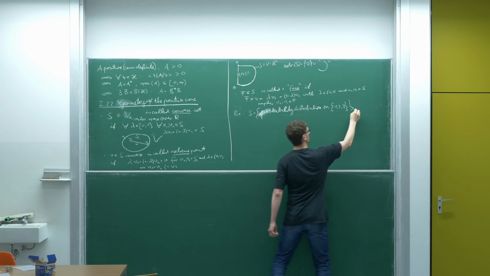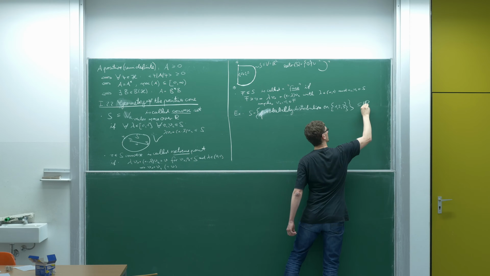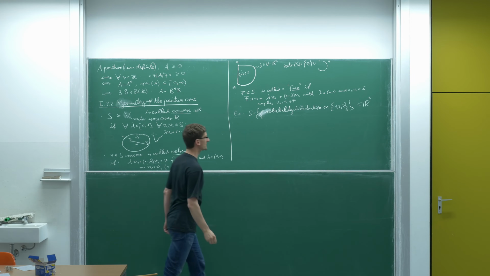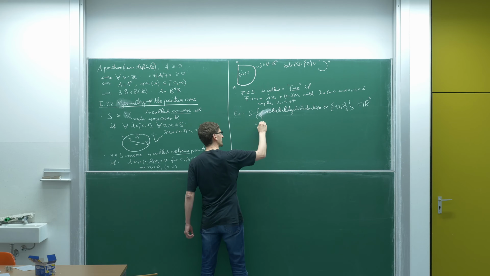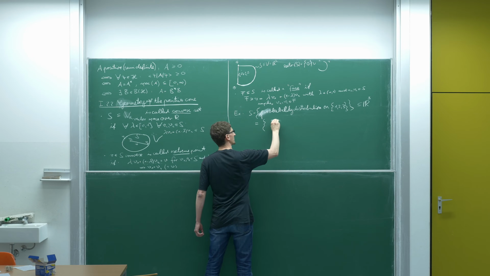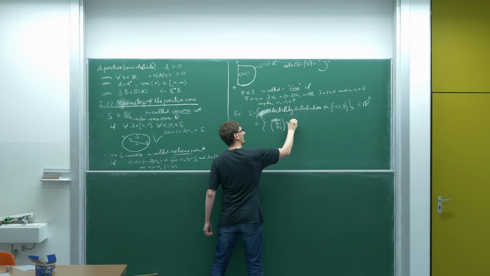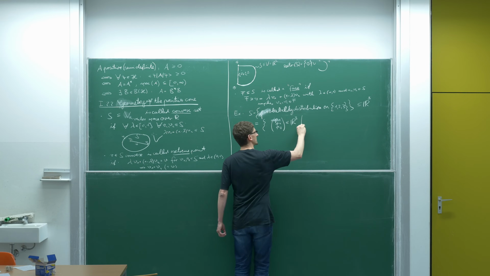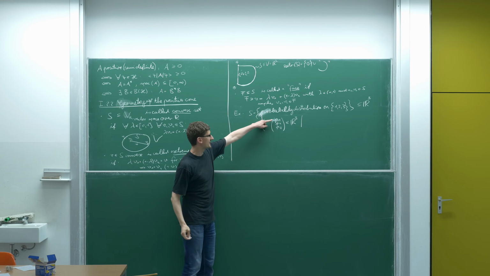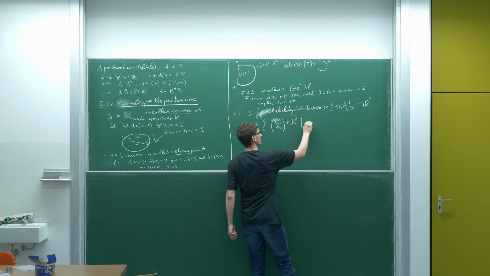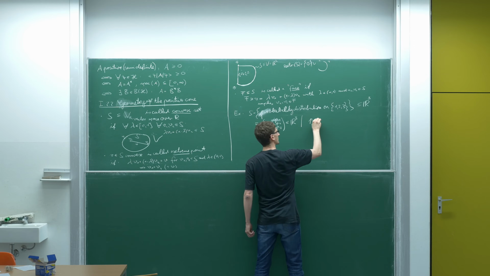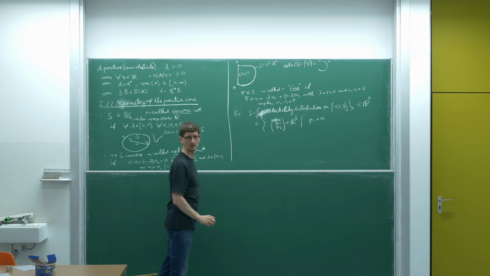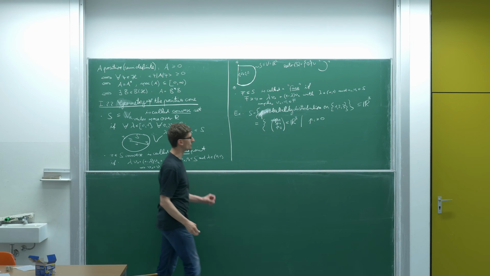So this is a subset of the real 3-dimensional vector space, and if I write probability distributions as vectors, then this is the following set of vectors P1, P2, P3, elements of R3, such that probabilities have to be positive, and they have to add up to 1.